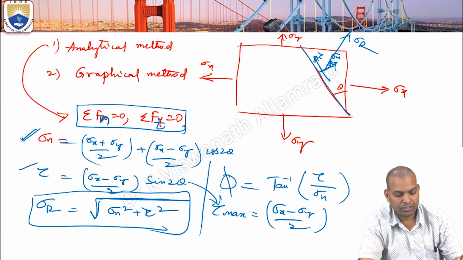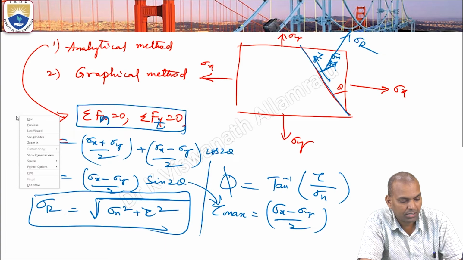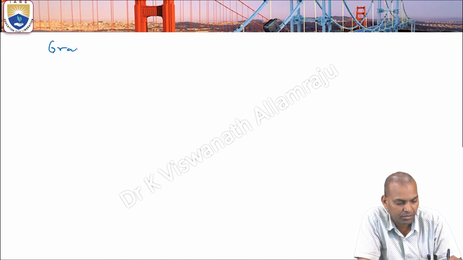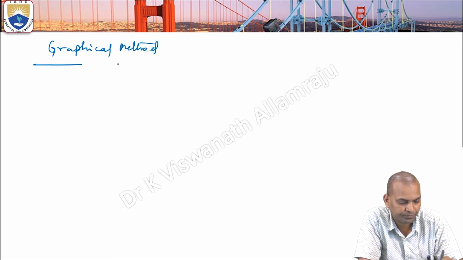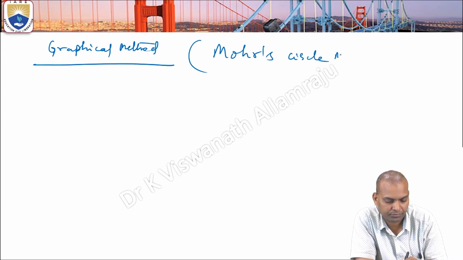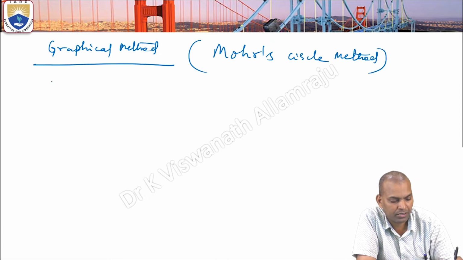The next method we derive here is the graphical method. Graphical method is also called the Mohr circle method. How do we start the Mohr circle method?